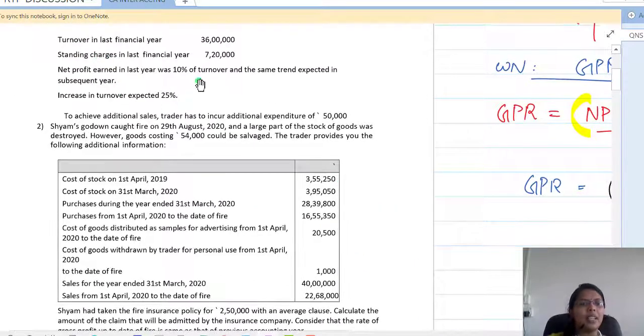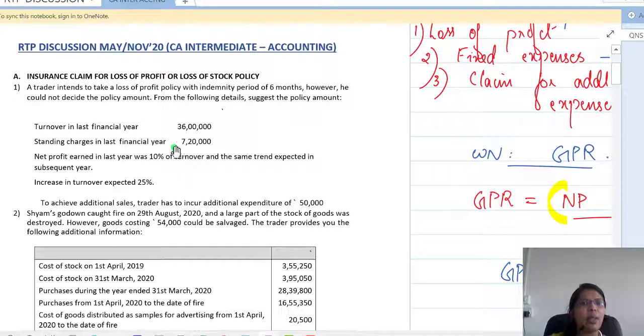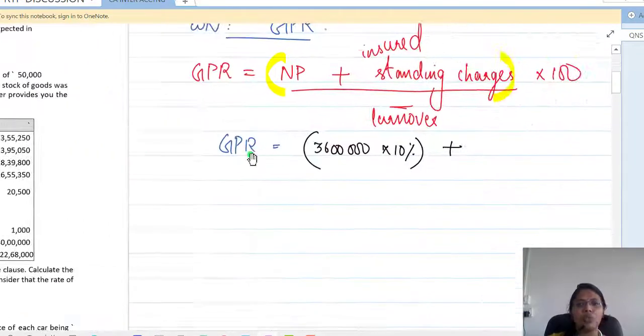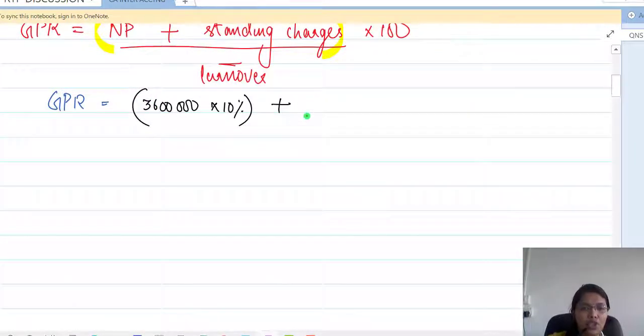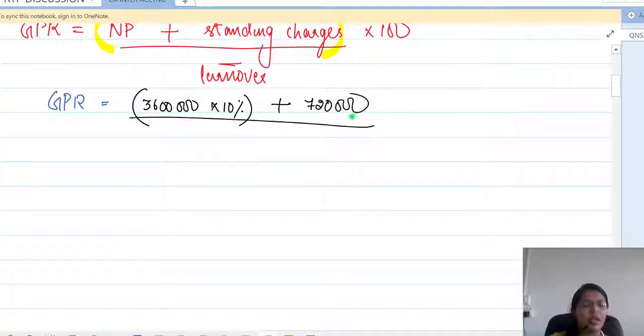But here the question doesn't say whether the standing charges are insured or not. But to ensure that the trader gets the maximum benefit of risk coverage, we will consider the entire fixed expenses to be insured. That is an assumption that we will have to take. Only then can we say that he gets the maximum coverage of risk if at all a fire occurs in his business.